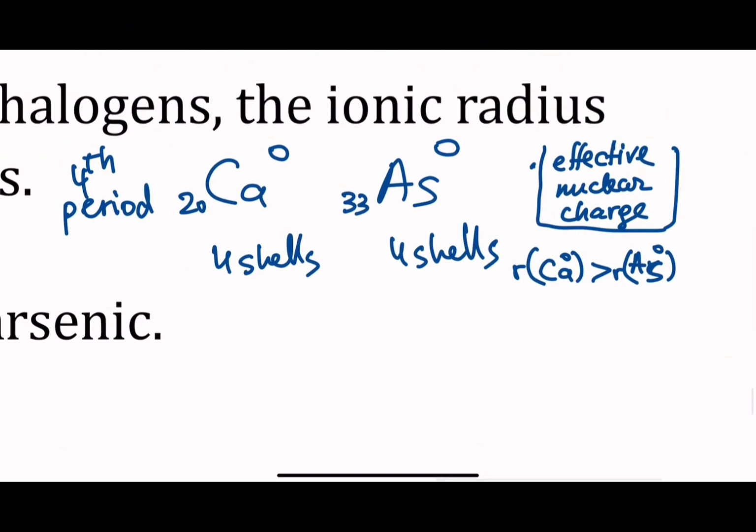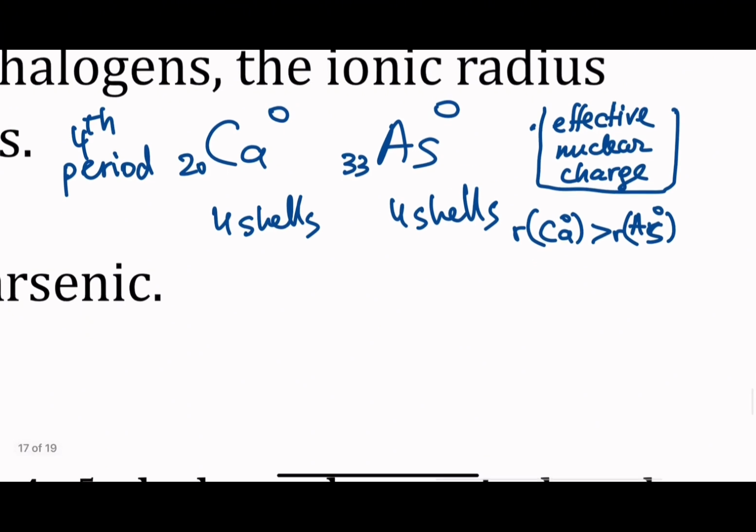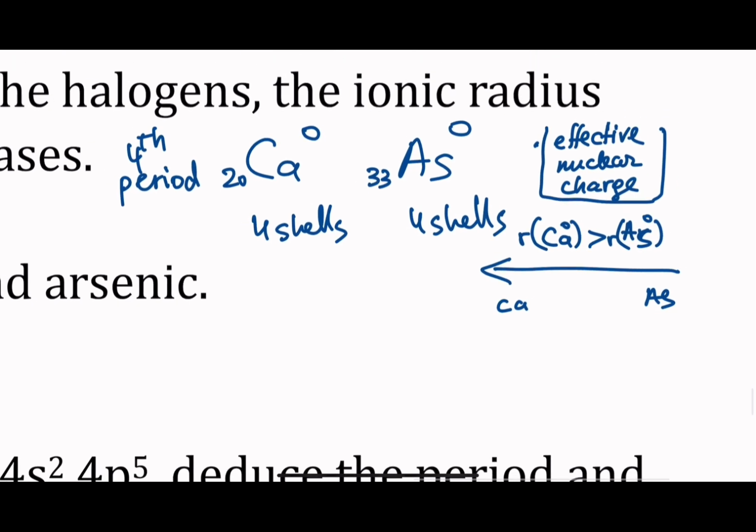Now, when you compare their ionic radiuses, something changes. According to just the 0, we know even from our trends going from right to left, atomic radius increases. Calcium is located here, arsenic located there, and that's it. But trends is not the only reason. The reason of the trend is actually coming from the effective nuclear charge.